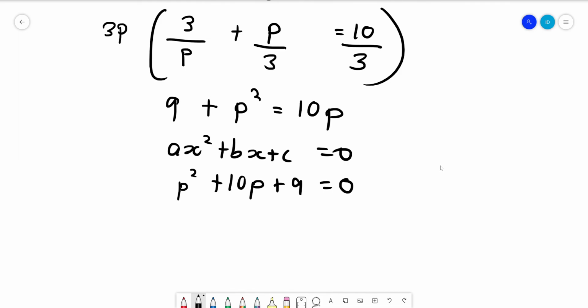Now the next step is factorizing the quadratic. You can use a calculator, the long method or even a short method, as long as you can factorize it and get the same numbers, it should be fine. So I should get p plus 1 and p plus 9.